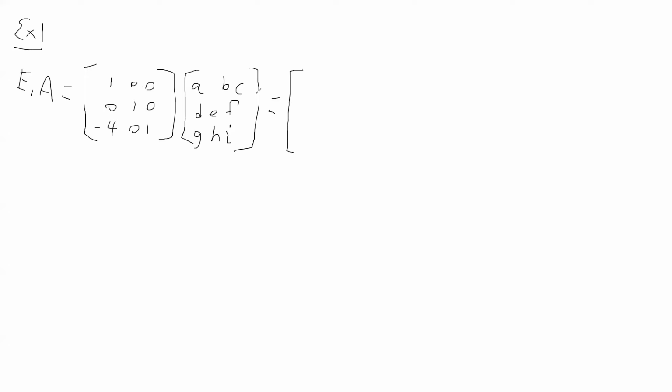Let's do a quick review of matrix multiplication. ADG is your first column. The first row just gives me A. Moving on, in the second row I only get D, and then in the third row, I get negative 4A plus G.